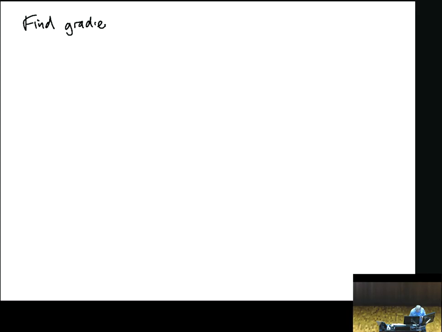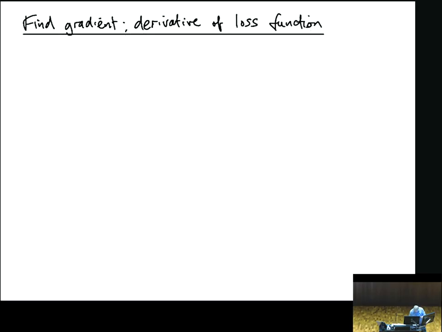So we will take the derivative of the loss function. Strictly, it's the partial derivative or a vector of the partial derivatives, but this is just to remind us what we're doing.